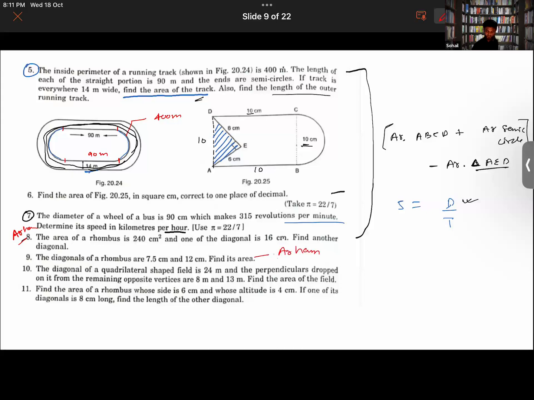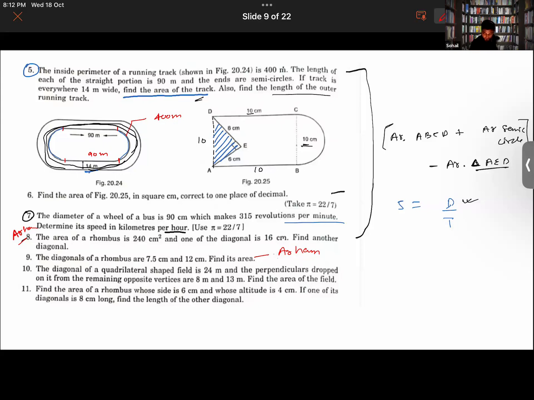Do it quickly because we don't have that much time left. Sir, my answer is 43 centimeter square.